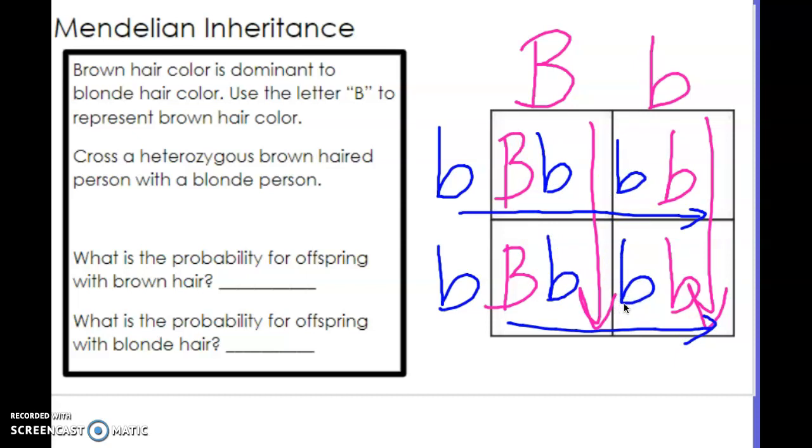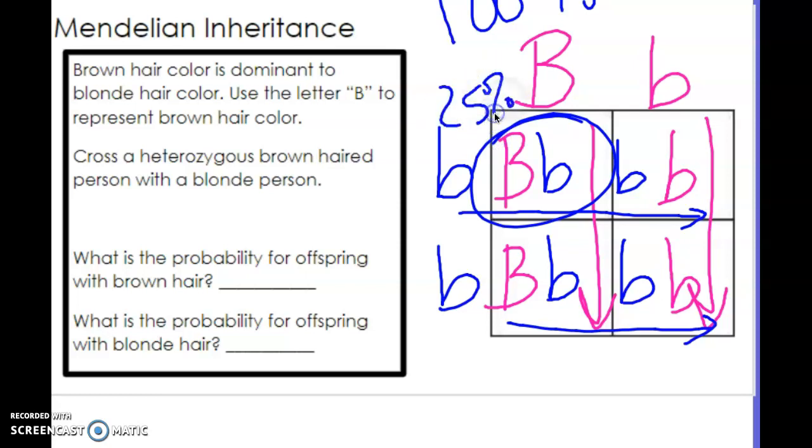All right, so now looking at this, we're looking at a probability out of 100%. So each square is going to be worth 25% or 1/4. All right, so the probability for an offspring with brown hair. Let's do a little highlighter. All right, and find all the ones that have brown hair. Well, brown hair is dominant, so this one has brown hair and this one has brown hair.